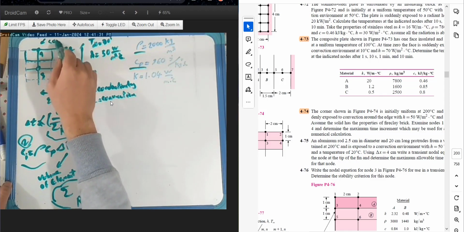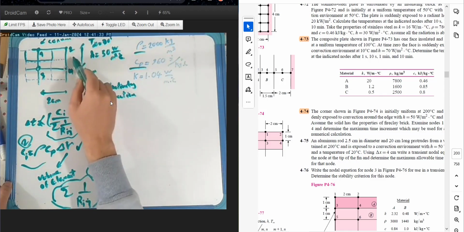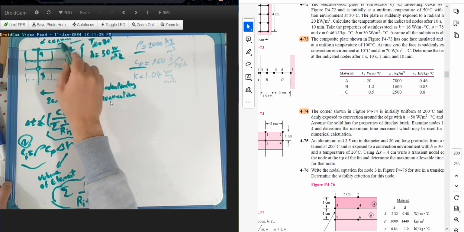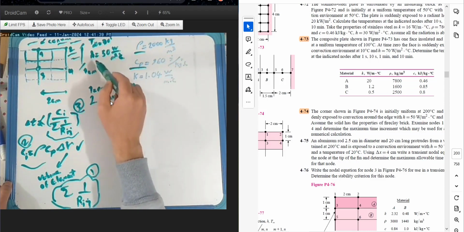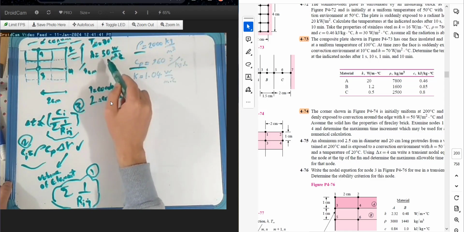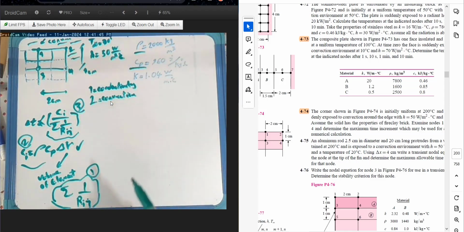We have convection here because maybe here is water and T is 30 degrees Celsius and its h is 50 watt per meter square degree Celsius. Okay, so we should calculate all of these resistances for point 1.